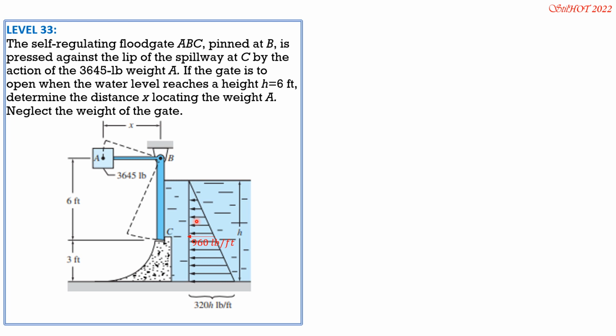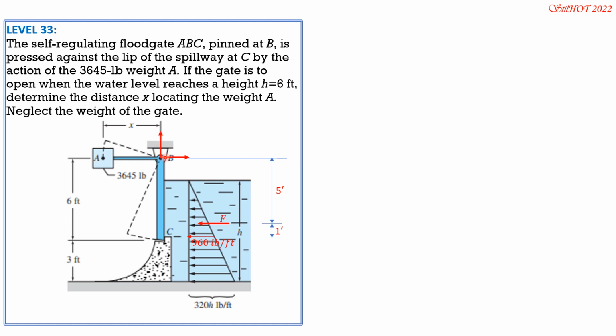We will call the equivalent force F, and it acts 1/3 of the remaining height here, which is 3 feet. 1/3 of 3 is 1 foot. So that means this is 1 foot. And since this is 6 feet, the distance of F from pin B is 6 minus 1, so 5 feet. And since the weight is 3645, moment B is 0.